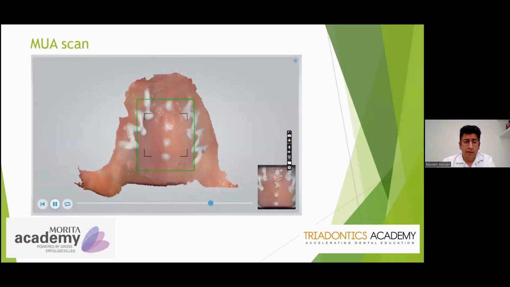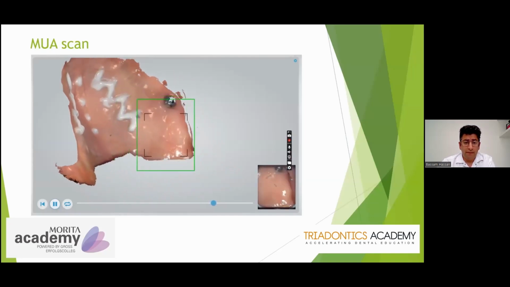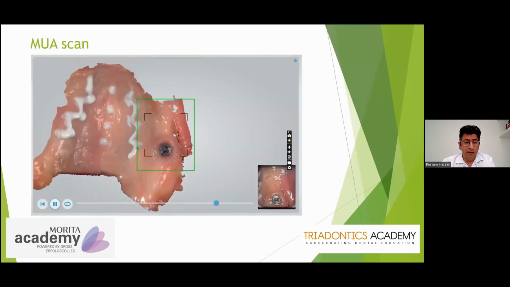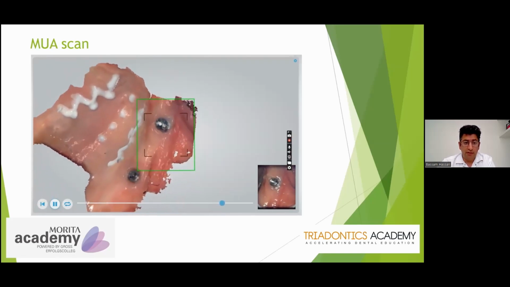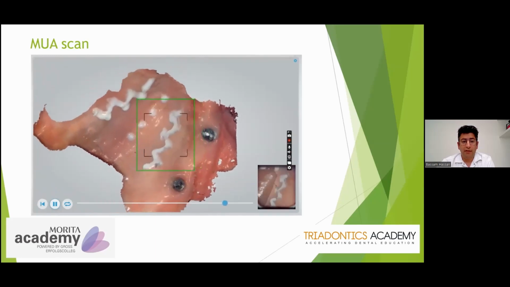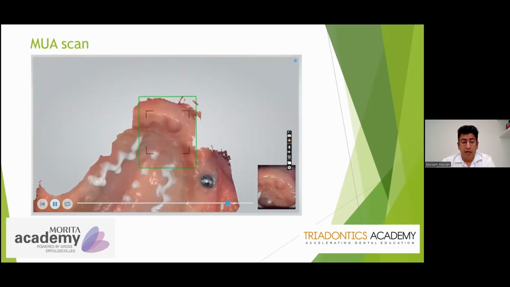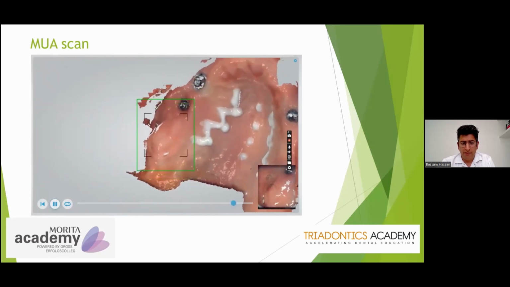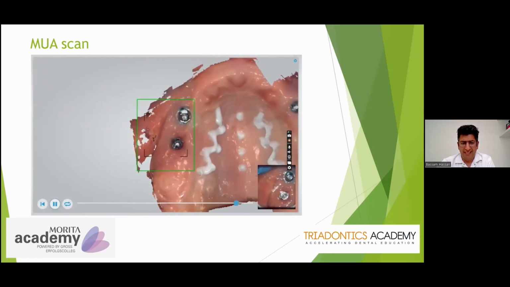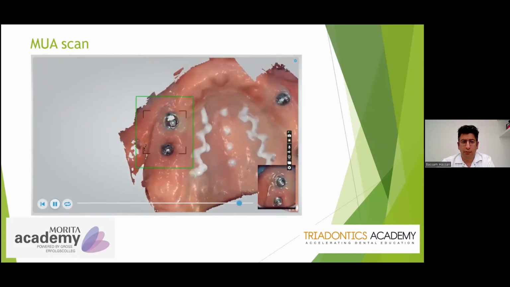Then from there, you can start scanning the gingival healers, or in this case, the multi-unit abutments, starting from the palate. I don't know if you remember the first case I showed you, in which I said we had difficulty to scan movable mucosa.